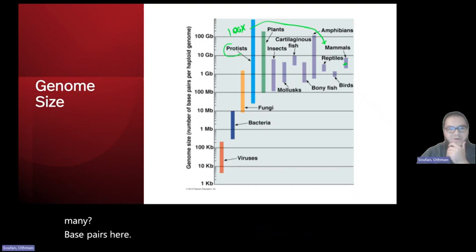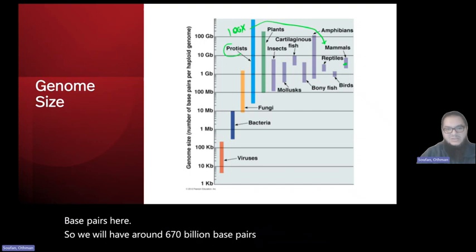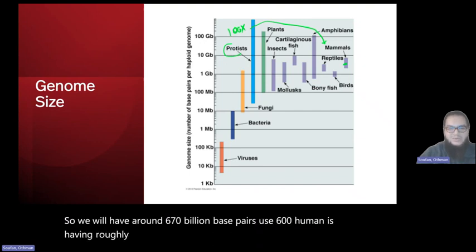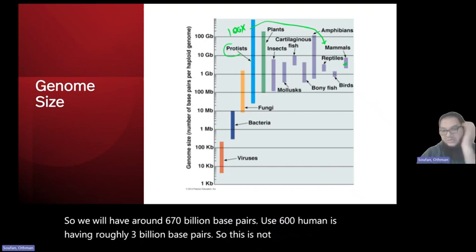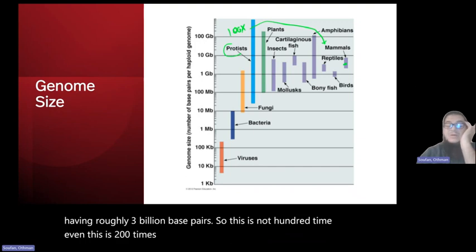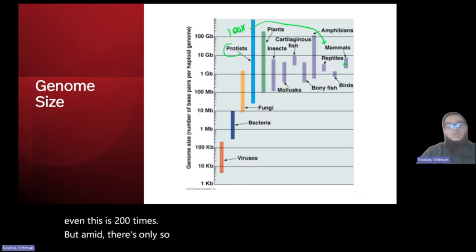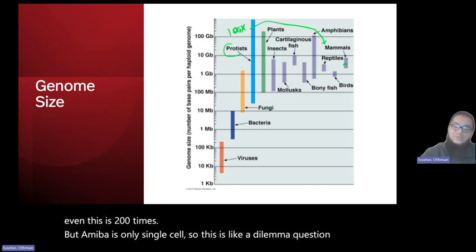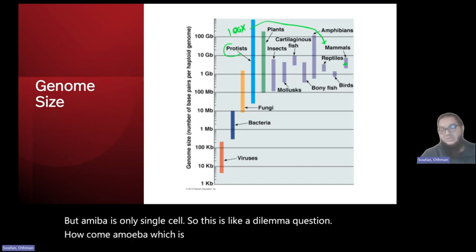So we will have around 670 billion base pairs. Huge. Human is roughly 3 billion base pairs. So this is not even 100 times, this is 200 times. But amoeba is only a single cell. So this is like a dilemma question. How come amoeba, which is single cell, very simple, carries this much?